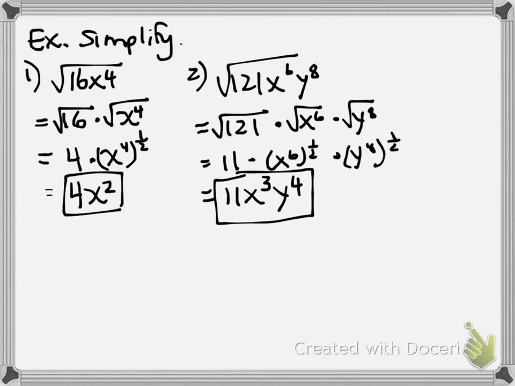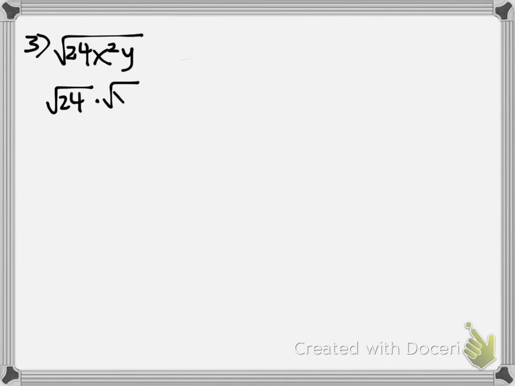So, here goes the next one. And this one is the first one with a little bit of a twist. Square root of 24x squared y. So I've got the square root of 24 times the square root of x squared times the square root of y. All right, 24, perfect square? Ooh, and so this is where we run into a problem.